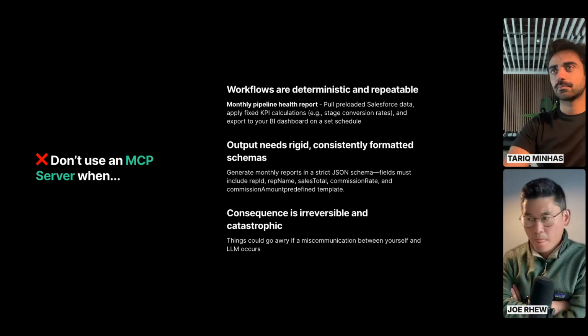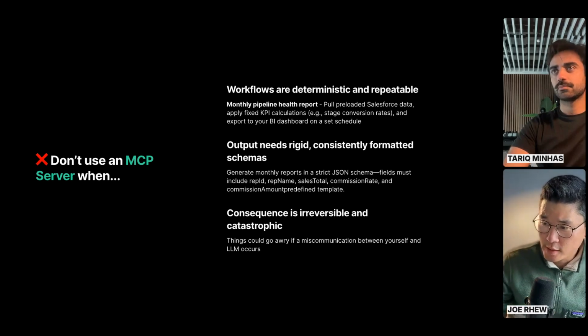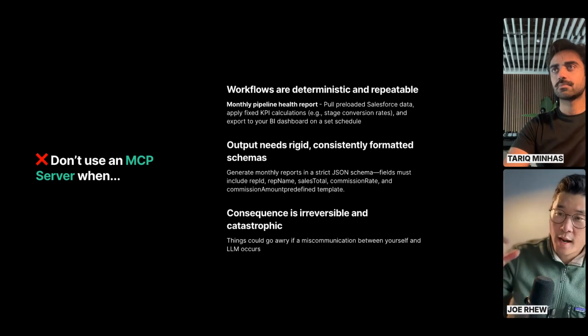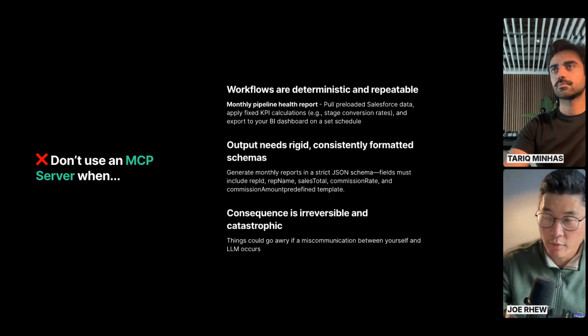Think of MCPs as actually the individual nodes, right? So in a Zap or an N8N workflow or a Make workflow, you might have a node that connects to Google Sheets or a node that connects to LinkedIn or whatever. An individual MCP tool is actually one of those nodes.